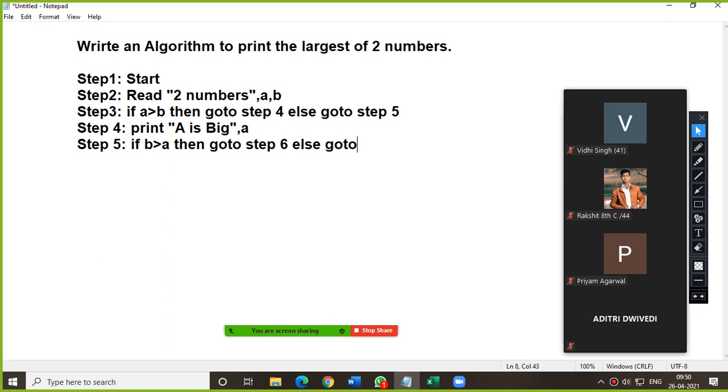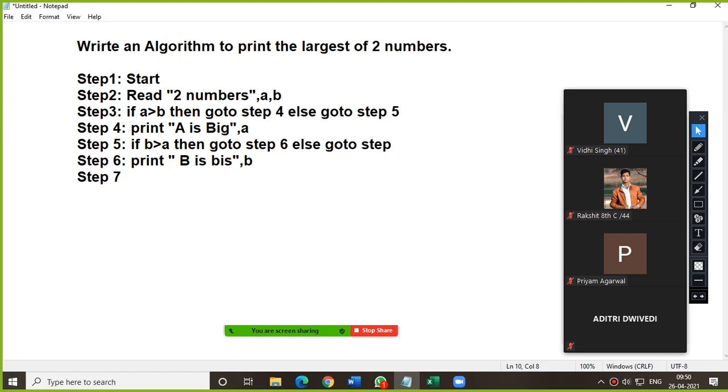Else go to the step that I will write later. Just wait. So now step 6, what will you write? You will write B is big. But just wait, don't copy now.